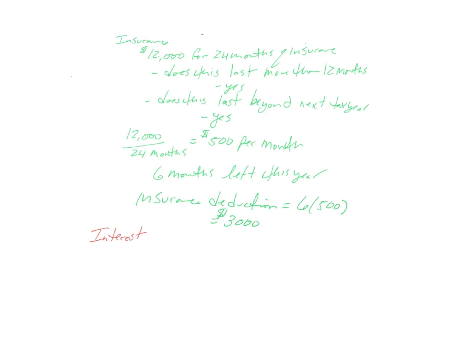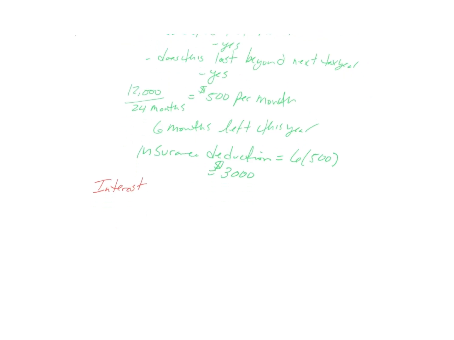Next, we have to worry about interest. Now, do we care about the 12-month rule with interest? No, we do not. For interest, we do not care about the 12-month rule. So what do we have?